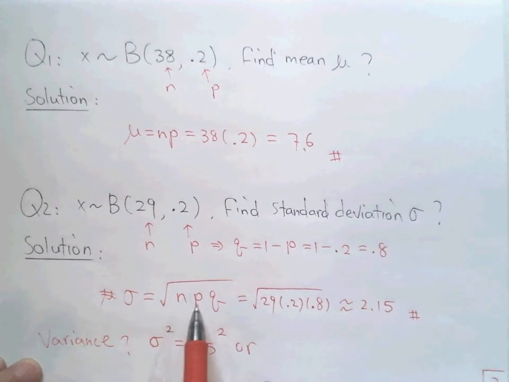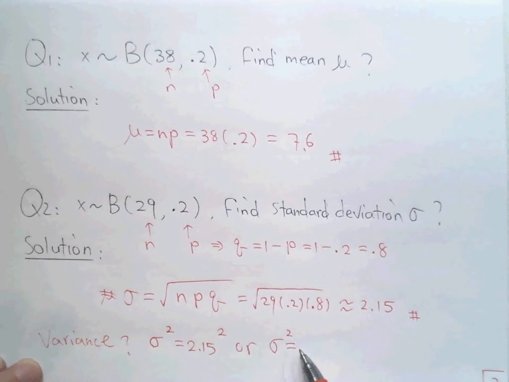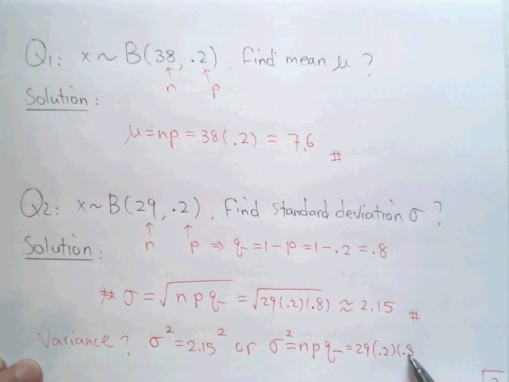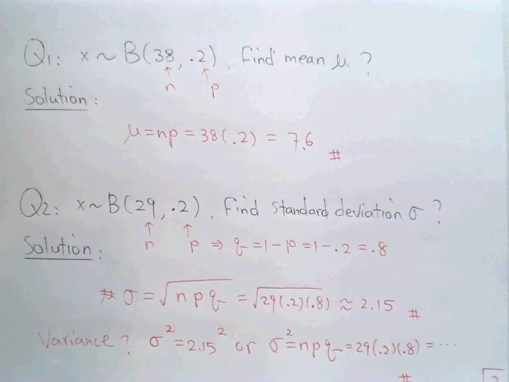Or remember, we can directly use npq. Why? Sigma squared equals npq. Do we have n, p and q? Yes, we do. Sigma squared is 29 times 0.2 times 0.8. I skip the arithmetic, so you can find the answer.